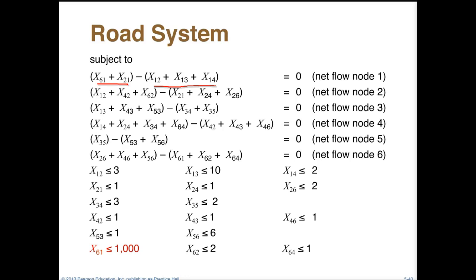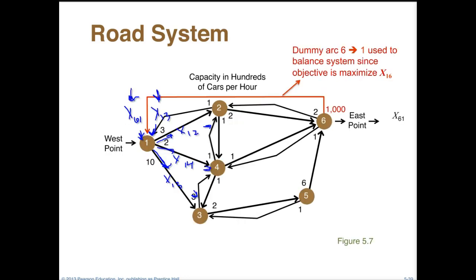So X61 and X21, oops, yeah, that was wrong. Let me correct that. There should be X21 there, which is going from node 2 to node 1.